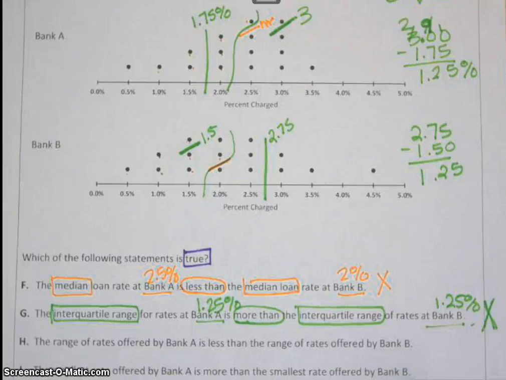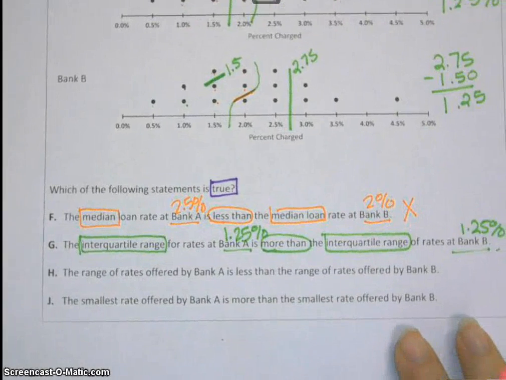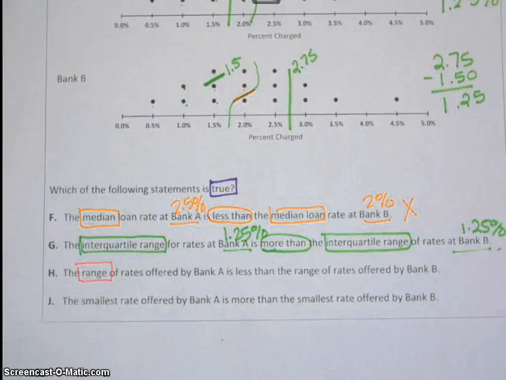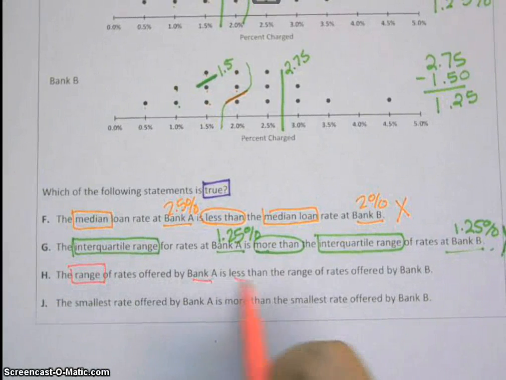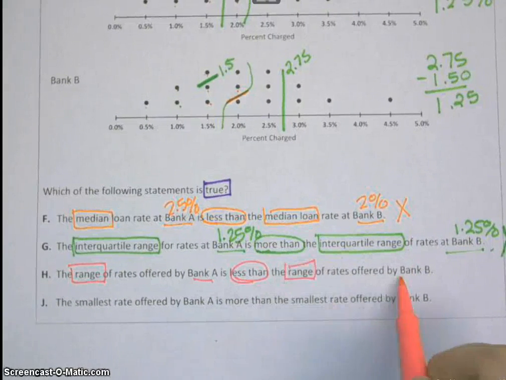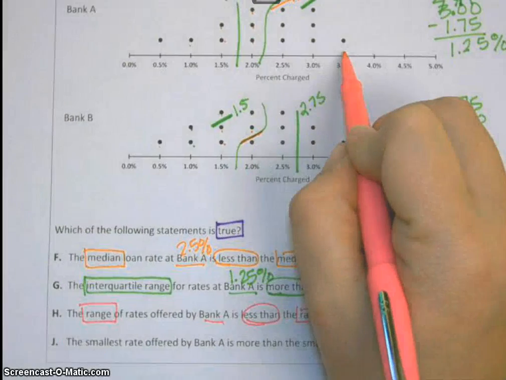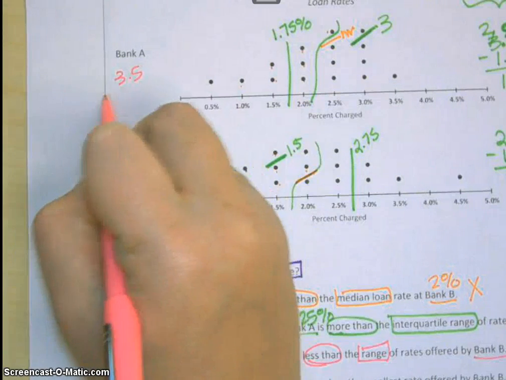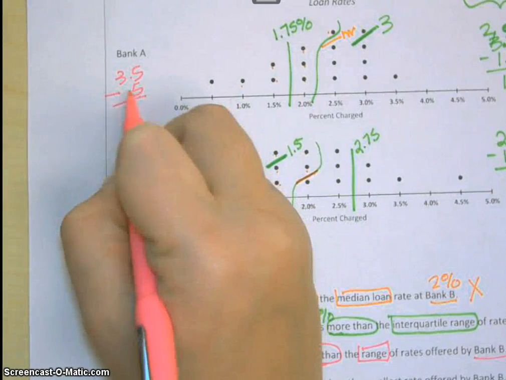All right, let's move on to H. H says the range. Well, that's way easier than the interquartile range. For bank A is less than the range for bank B. So bank A, the highest is 3.5. The lowest is 1/2. So 3.5 minus 1/2 is 3.